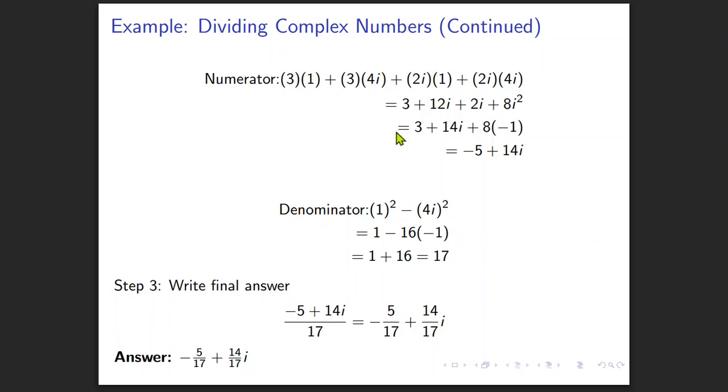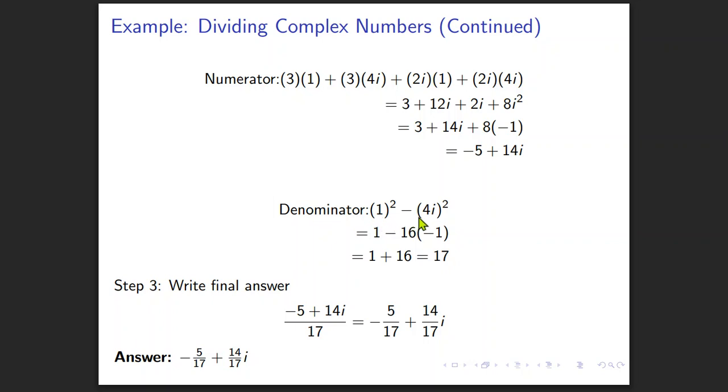So simplify. When you simplify, you arrive at minus 5 plus 14i. That is for the numerator. So we go to the denominator. For the denominator, you will have this, like when we talk about the difference of two squares, we will have this here.